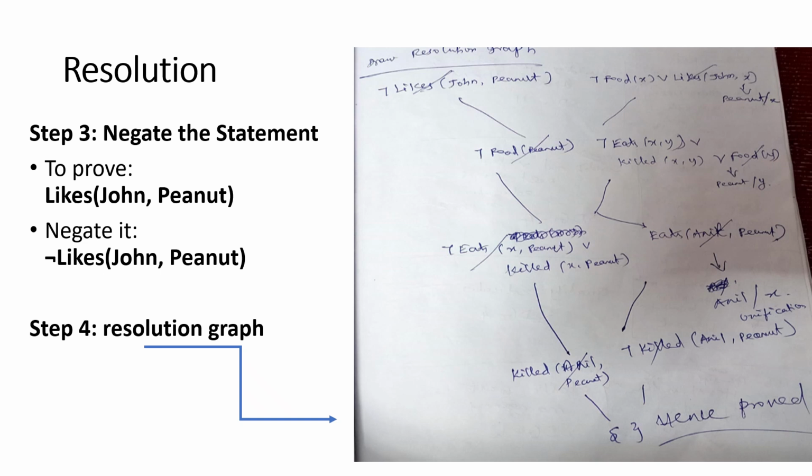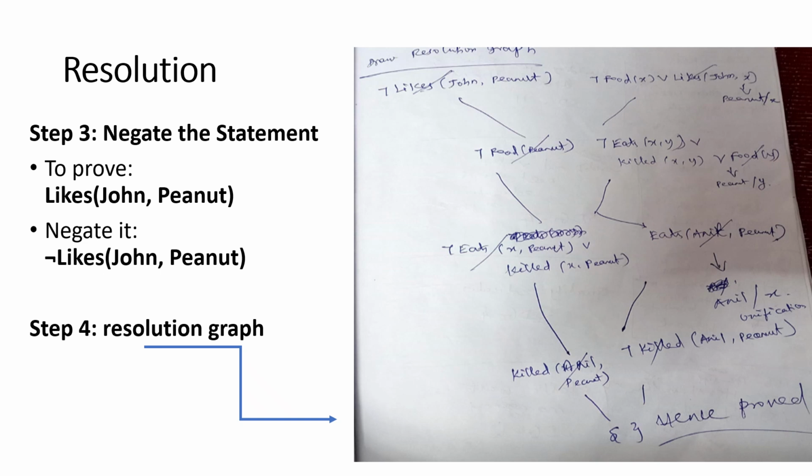Which statement is available with the same form in the given facts? The fourth statement is available. So the other is negation of eats of x comma y union killed of x comma y union food of y. So y can be represented as peanut by using the unification rule, and food of y and negation of food of y we can cancel.